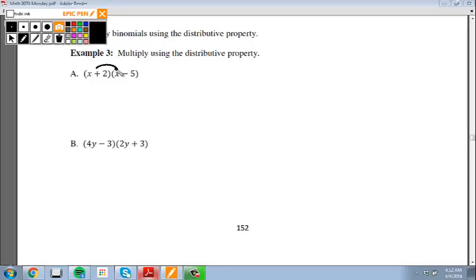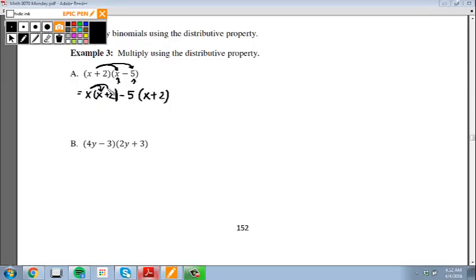Alright, so I'm going to distribute this x plus 2 to each of the terms in the second set of parentheses. So I have the x right here times the x plus 2, and then I have the minus 5 right here times the x plus 2. So I'm just distributing.